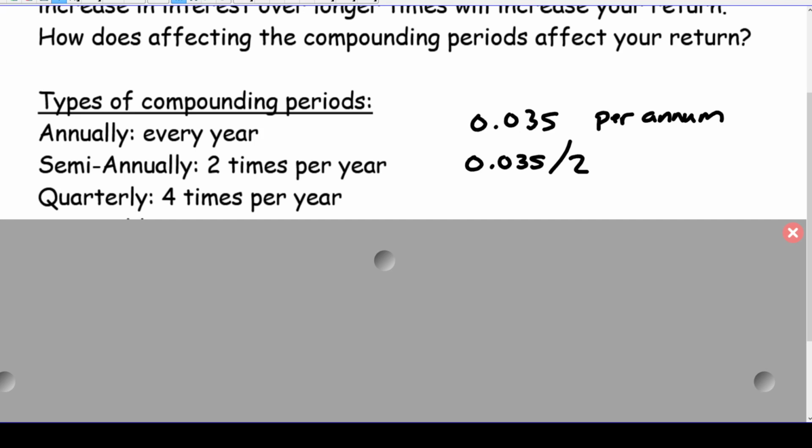Now, I'm going to introduce you to one of my weaknesses. I don't know why my brain does this, and I'm hoping by talking about my weakness, I don't infect you with it. But for some reason, when I see the word quarterly, I think of the number 3, and it sometimes messes me up. Why am I thinking number 3 when I say quarterly when I'm talking about a year?